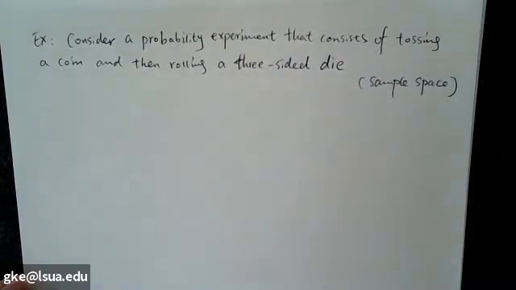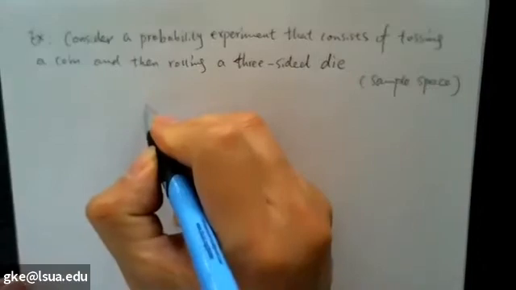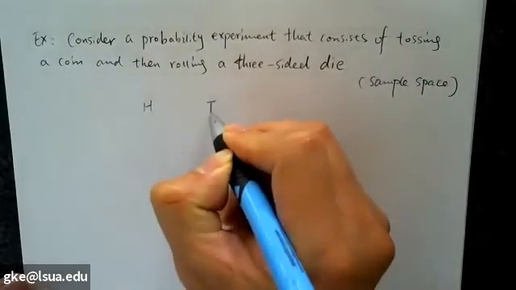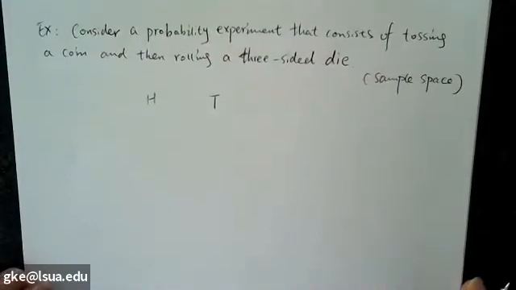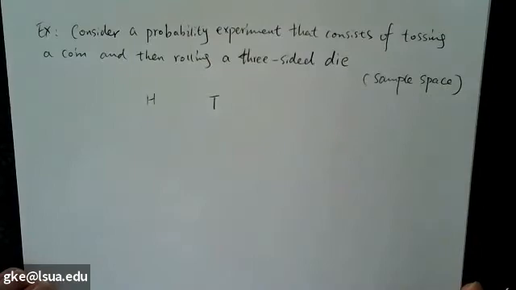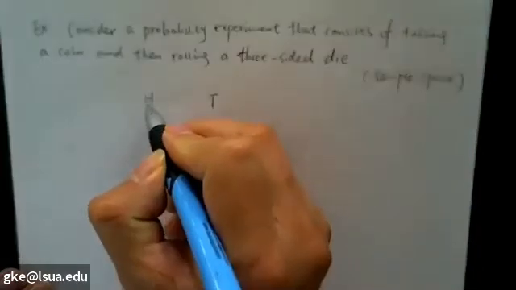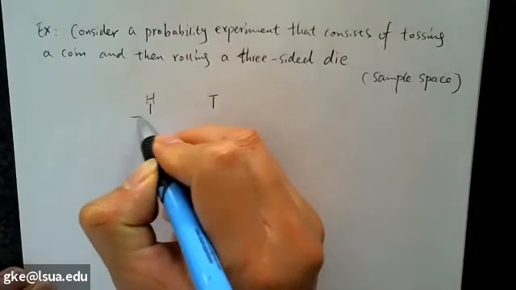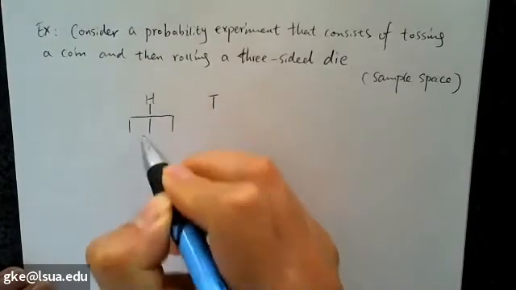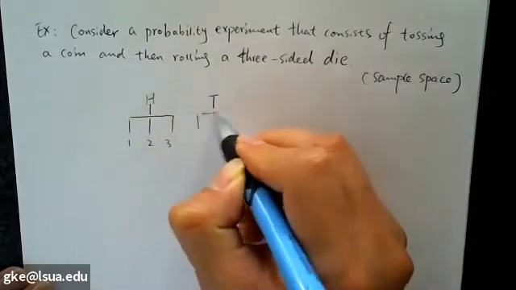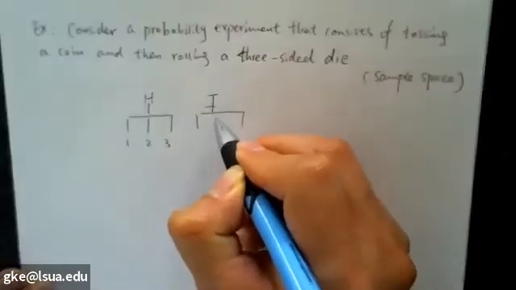A coin has 2 possibilities, a head or a tail, right? Then we have a three-sided die. That means we have 3 scenarios for each head. The die is 1, 2, 3, right? For tail, it's going to be 1, 2, 3.